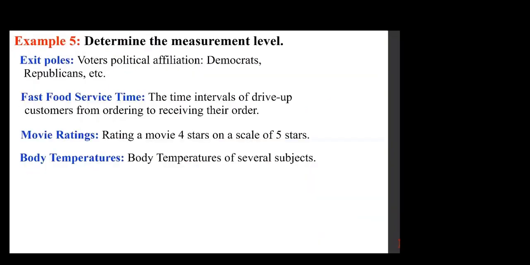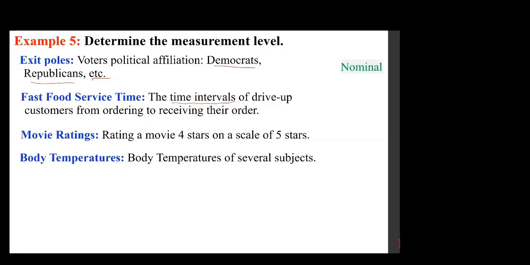My pleasure. Let's look at this question. We have 4 situations, and we want to figure out the level of measurement that we are dealing with. So the first one, different voters. Nominal? Nominal. Does that make sense? Yeah. The next one is about time. We've already discussed that.